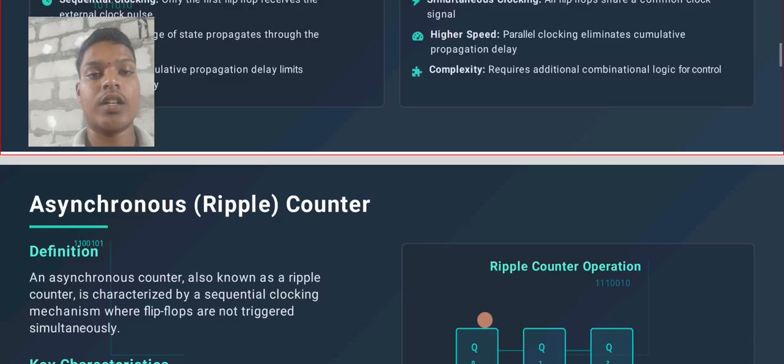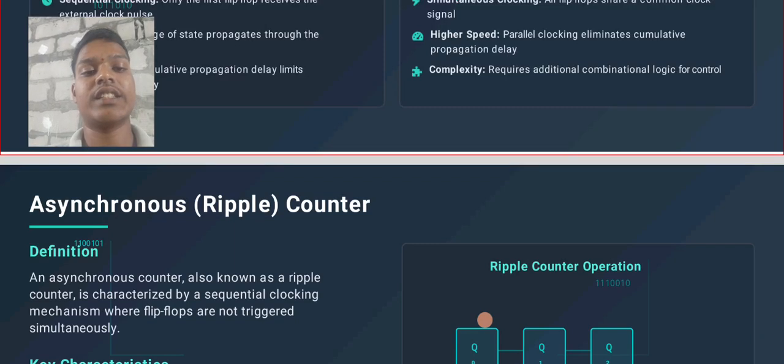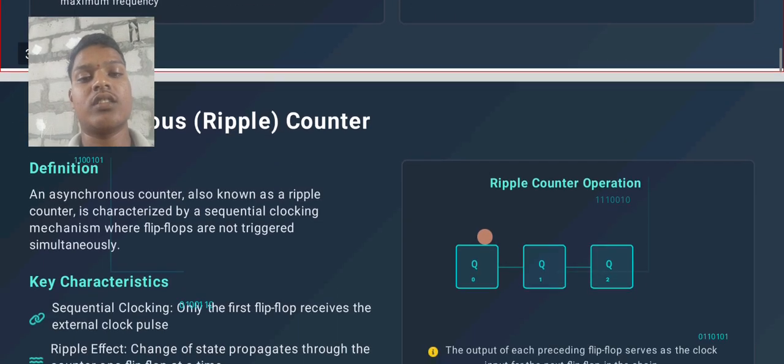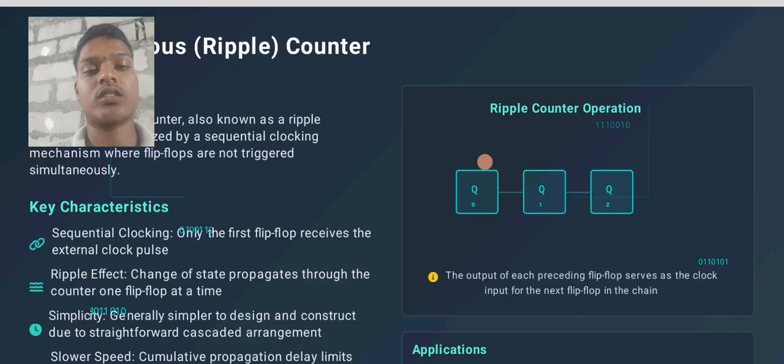Asynchronous ripple counter. Definition: an asynchronous counter, also known as a ripple counter, is characterized by a sequential clocking mechanism where flip-flops are not triggered simultaneously. Key characteristics: sequential clocking: only the first flip-flop receives the external clock pulse.